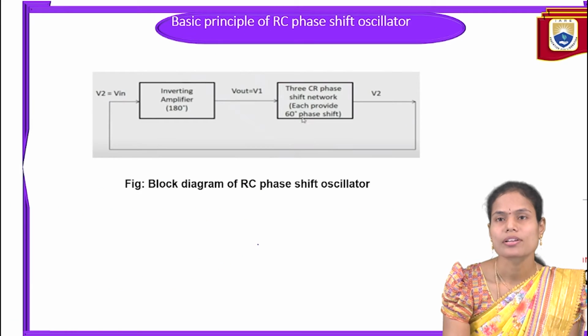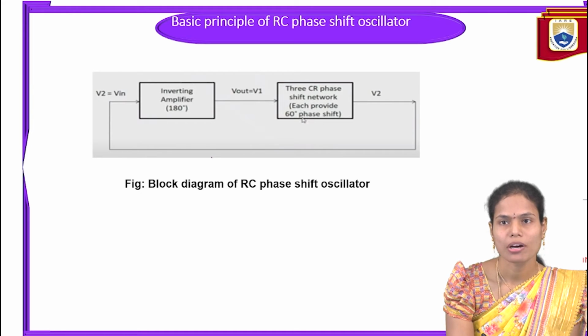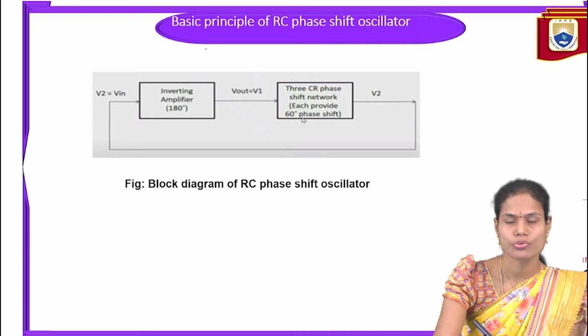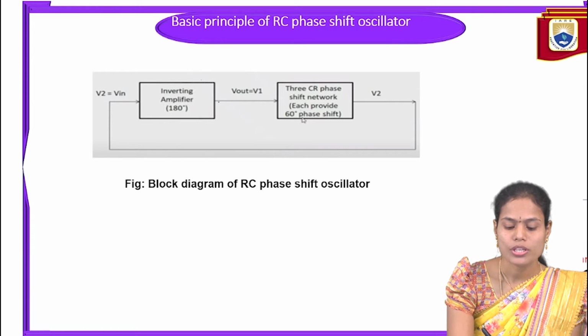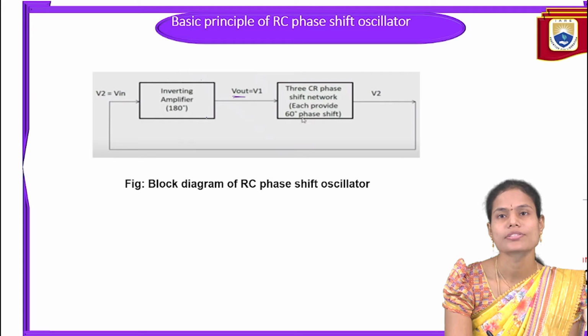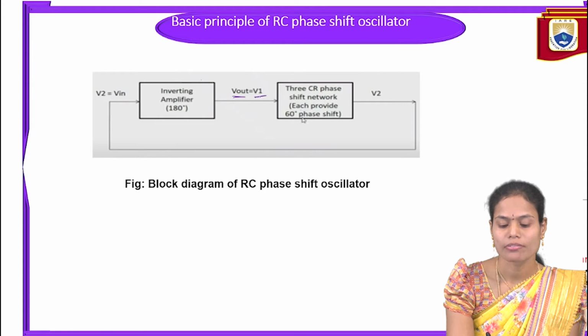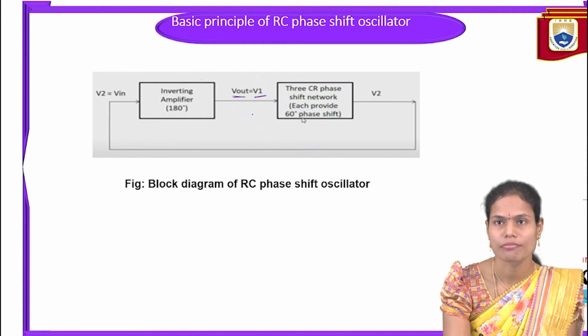So while coming to the RC phase shift oscillator, in the block diagram of the RC phase shift oscillator, we are using the inverting amplifier. This inverting amplifier is providing the 180 degrees phase shift. The output of this one we are taking here as V out, and that is equivalent to what we are taking here as V1.